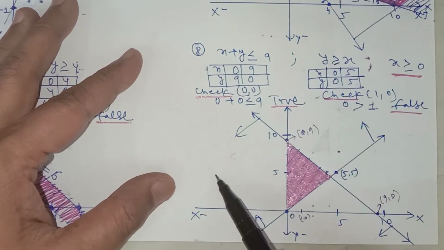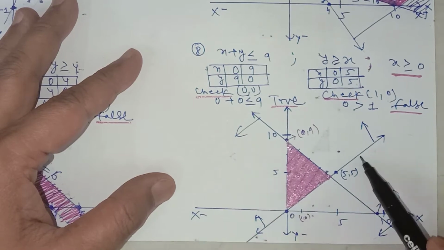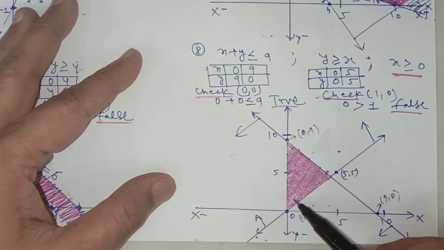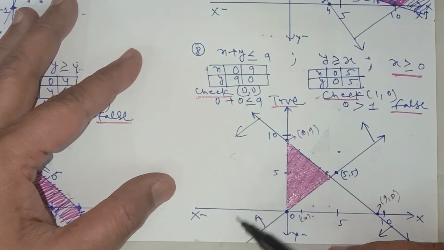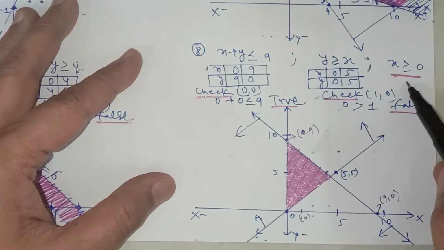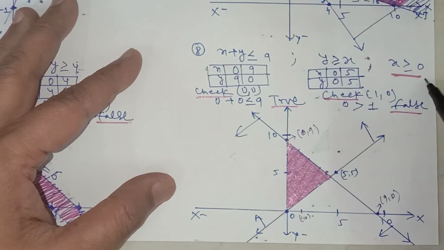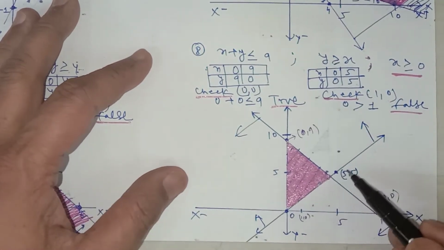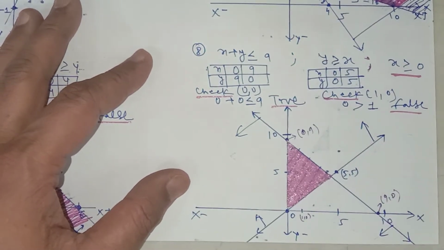Now x is not greater than 0 in the second quadrant, it is only in the first and the fourth. So the common shaded portion will be this only, not this or this, because in these two portions x will be negative and it is given that x is greater than 0. So x greater than 0 is only in the first quadrant. So you have to mark the common shaded portion in the first quadrant only.